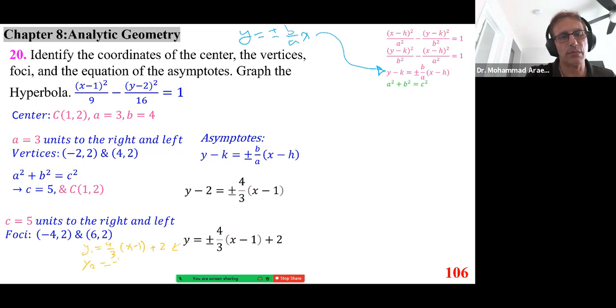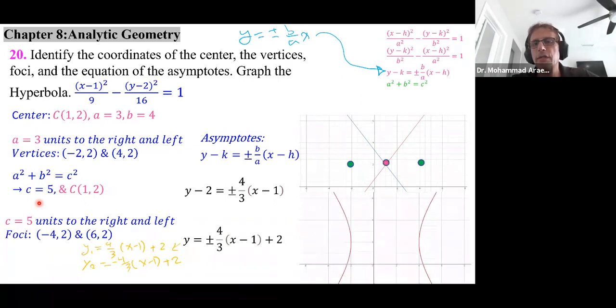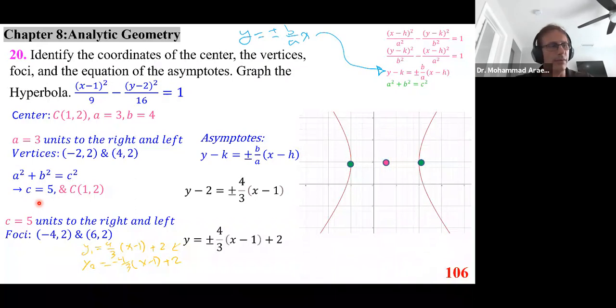And the second one is minus 4 thirds times x minus 1 plus 2. You simplify, and now you're ready. The two lines, if you graph them, you end up with those. Those are the vertices we found. This is the center, and that's the graph. So that's a rough sketch as far as this is concerned.